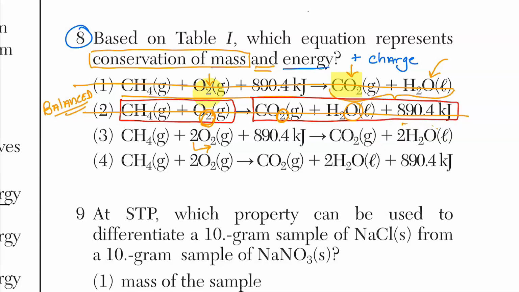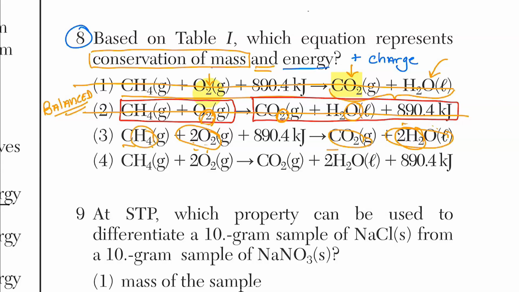So that makes sense. There's 4 on this side. I've got 4 on this side, and the 2 here plus the 2 that I got from there. So that's balanced. The oxygens are balanced. And of course, there's 1 carbon, there's 1 carbon, there's 4 H's, and there's 4 H's. So if you notice, everything's balanced.